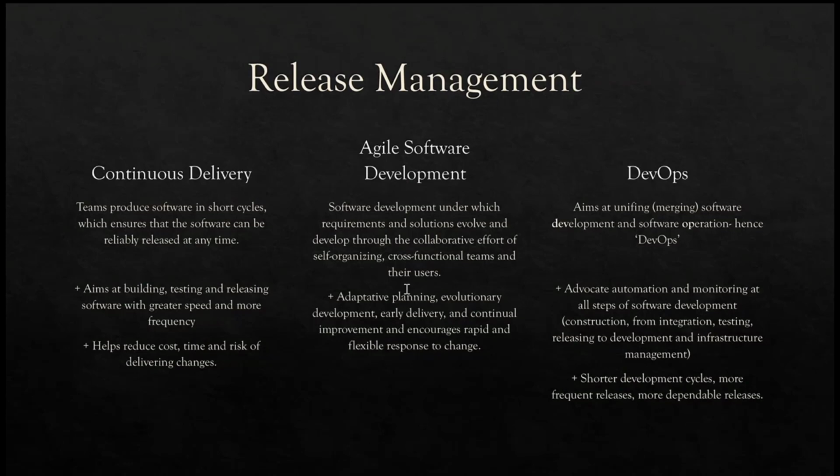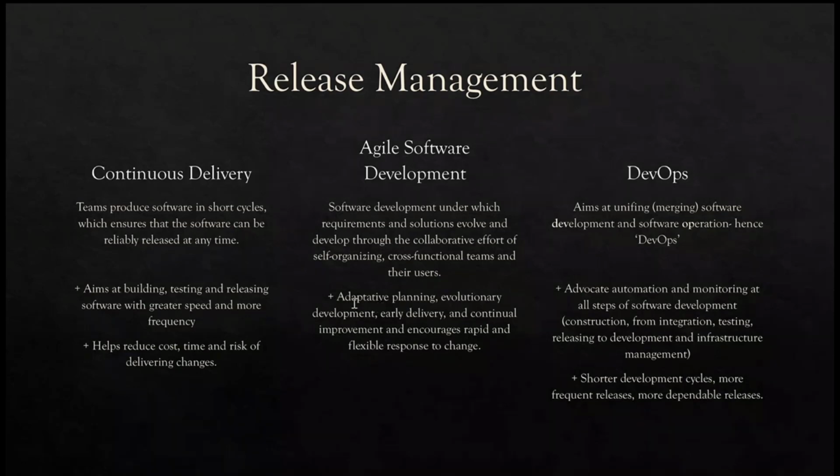This ensures that the software can be reliably released at any time. The main focus is to build, test, and release the software with greater speed and frequency. This method also helps to reduce the cost, time, or risk of delivering changes by allowing for more incremental updates to applications in production.